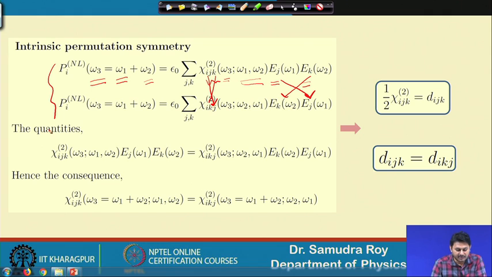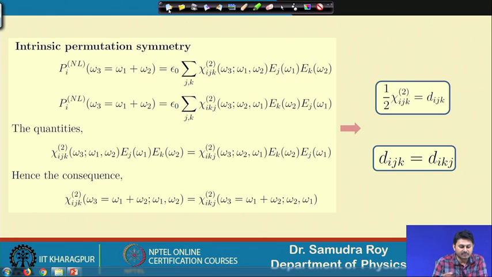That means susceptibility ijk and susceptibility jki, in both cases, I will have the same value. So, if this is equal to this, then we can readily say that susceptibility ijk and susceptibility ikj are the same.